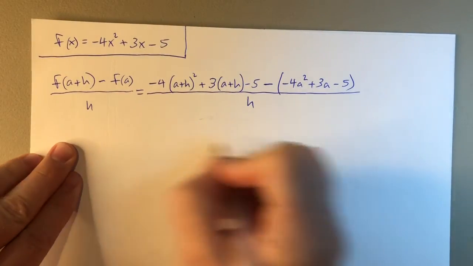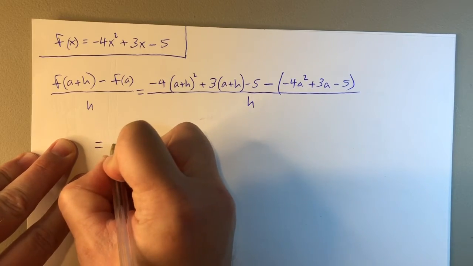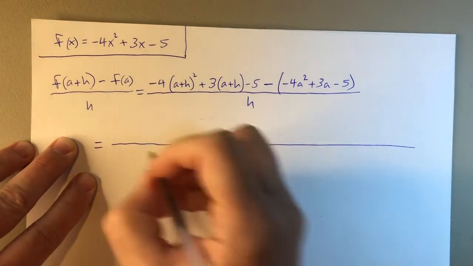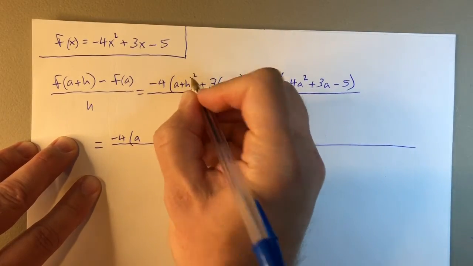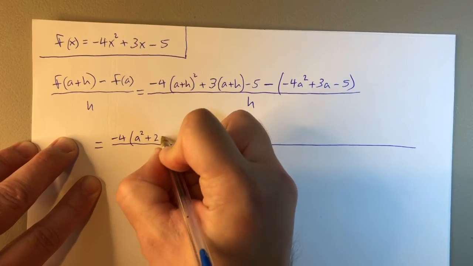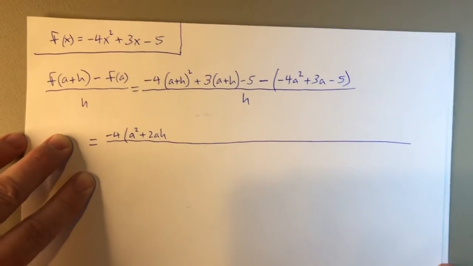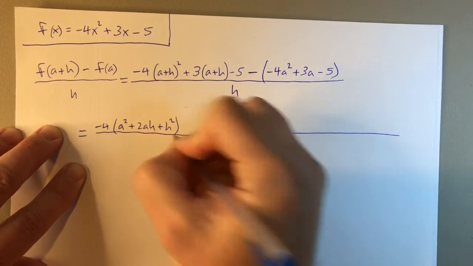So what does this equal? I'm going to move my equal symbol over here a little bit to give me a little bit more room. Huge division bar here. We have what? Negative 4 times what? This quantity squared, a plus h squared, will always give me a squared plus 2ah plus h squared. Okay.